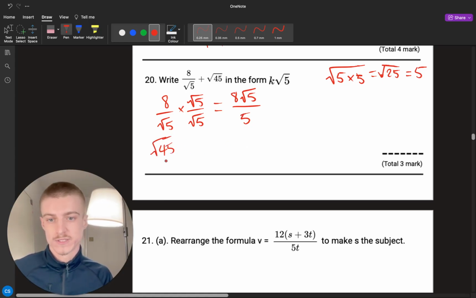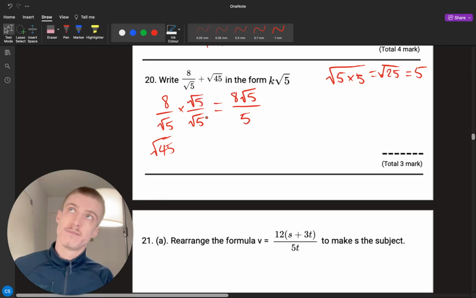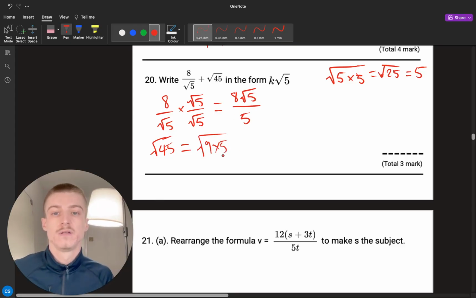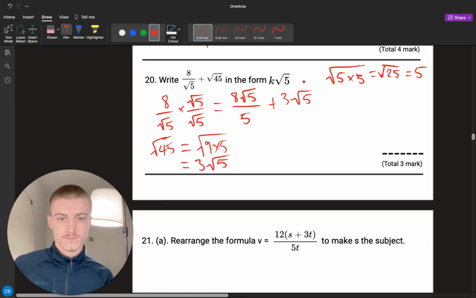Well, root 45 can be divisible by 5 and 9. So let's do root 9 times 5. Root 9 is 3. So root 45 is 3 root 5. So adding that on, 3 root 5. Now, we need to have the same denominator to be able to add these together. So let's multiply this by 5 over 5.